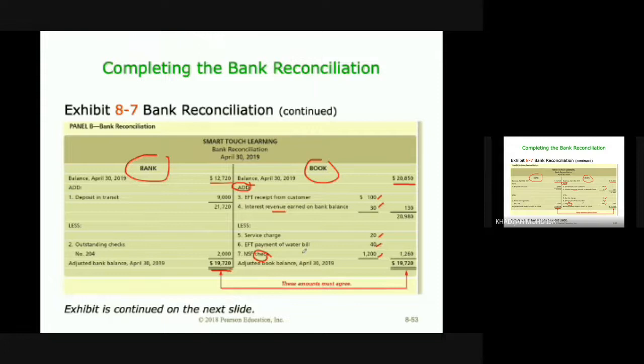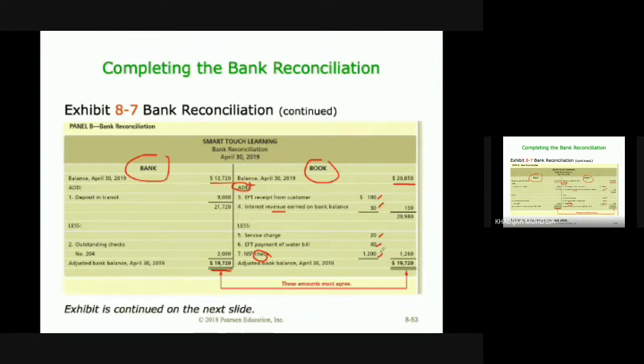It means the customer does not have enough bank balance to pay for the check, to cash out. So because of that, you have what we call NSF. So now you have to contra. Initially you debited, now you have to credit your bank account. So that's why you minus 1,200.